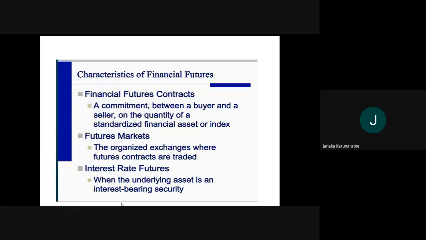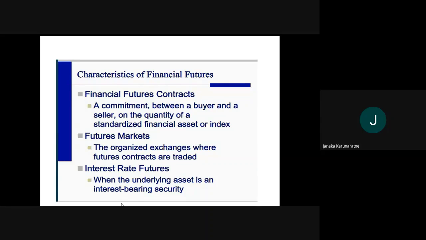Definitely, I think in time to come there will be a standardized derivative market. But there are very famous exchanges in many countries where different parties use these types of instruments for hedging purposes. So the second point, as I mentioned, is that you have to go through an organized exchange.